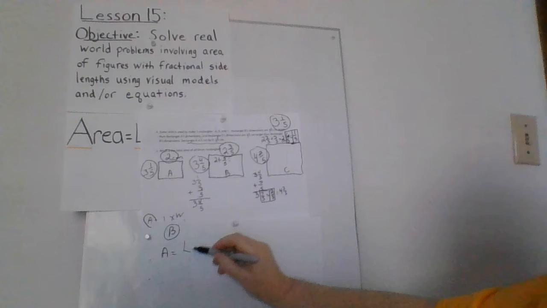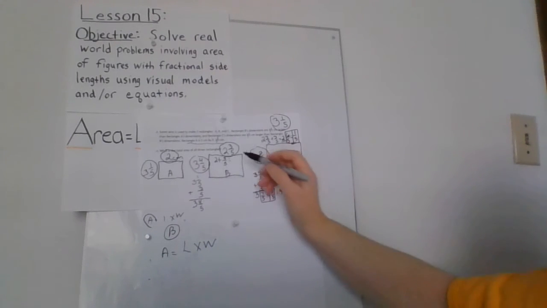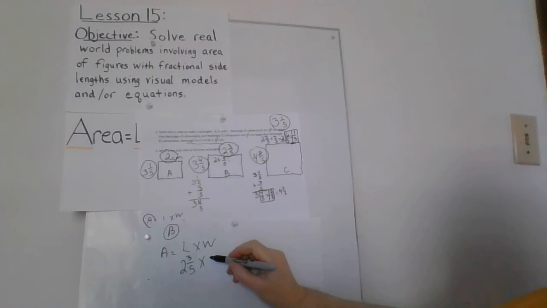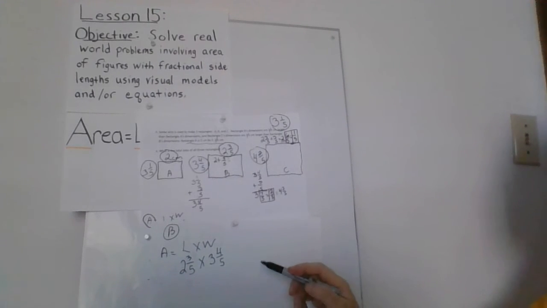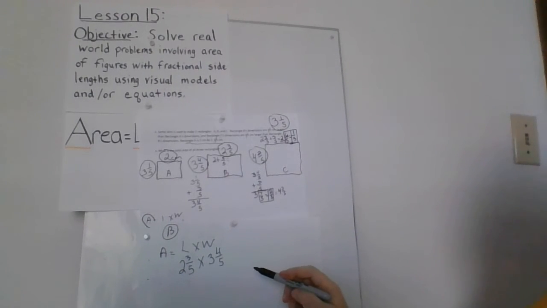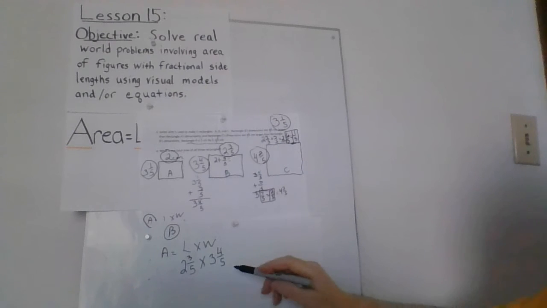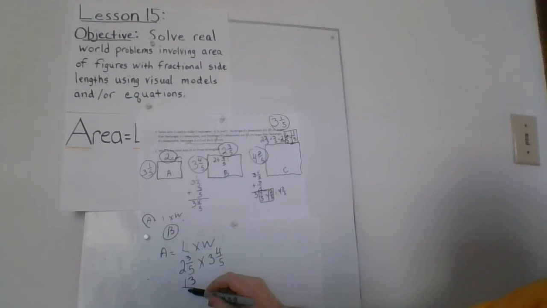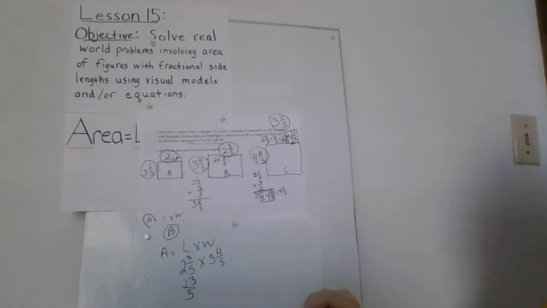We have to do length times width. So we have 2 3/5 times 3 4/5. I'm going to change both of those into improper numbers. 5 times 2 is 10. 10 plus 3 is 13 over 5.